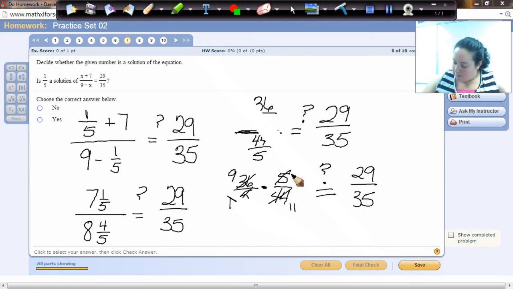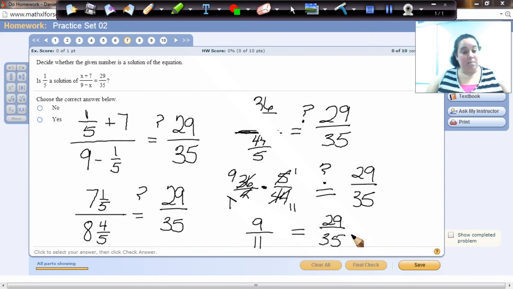So here we get 9 times 1, which is 9. On the bottom, 1 times 11, which is 11. And now that both sides are reduced completely and completely simplified, if they're not the same thing, then they're not the same. So 9 over 11 is not the same as 29 over 35.